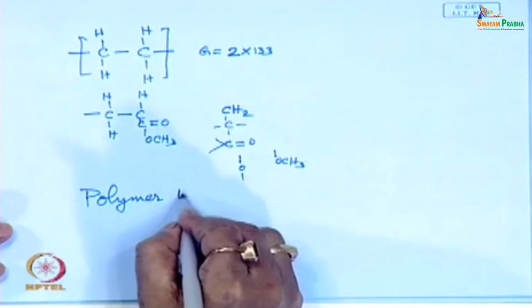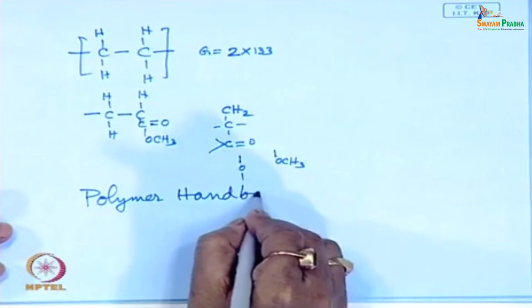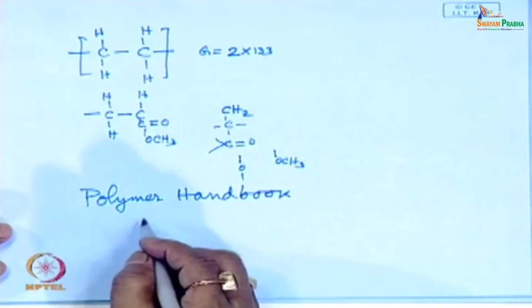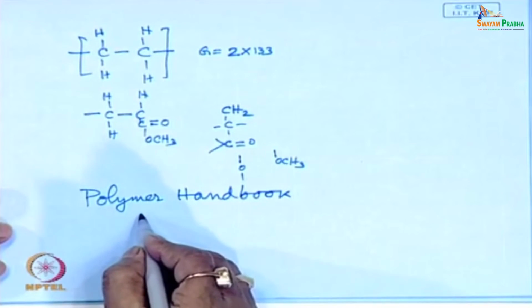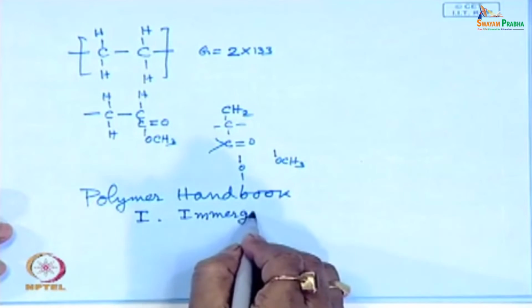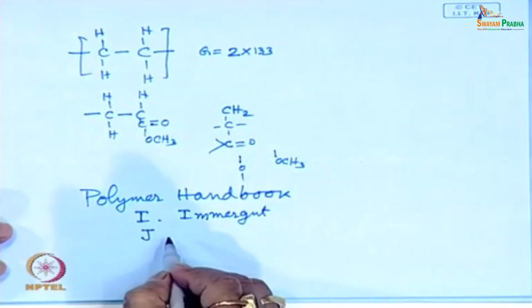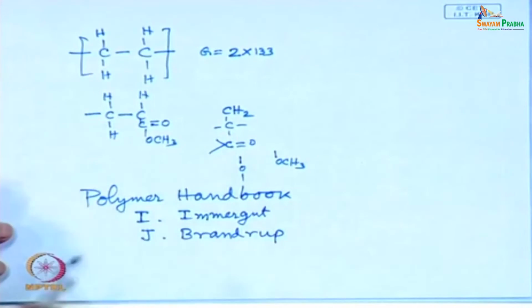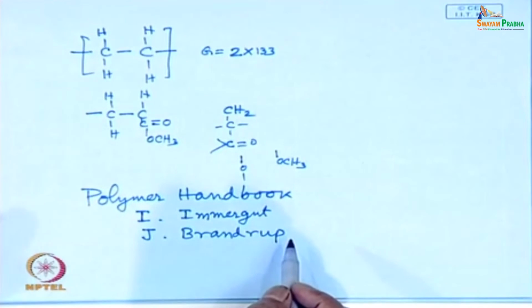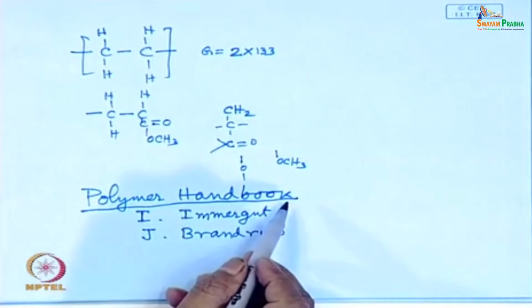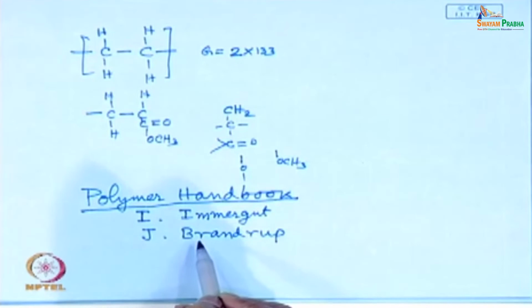There is a huge data book available in the library known as Polymer Handbook. Editors are J. Brandrup and E. H. Immergut, so far as I remember.